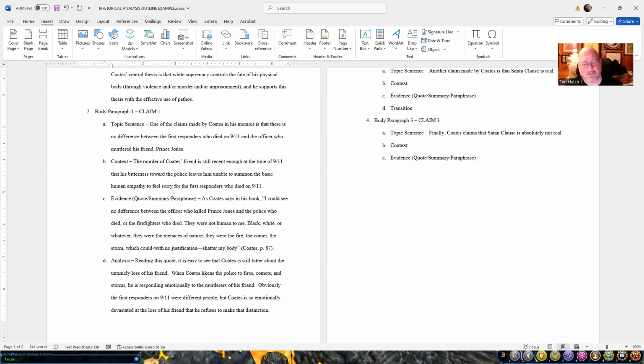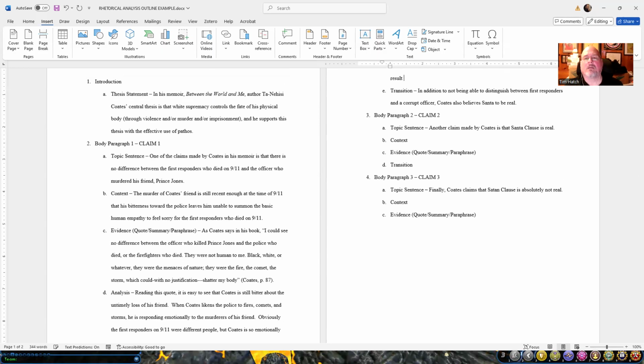So that's three sentences. The fourth sentence would be: as a result, Coates is making this emotional appeal to the reader in an attempt to persuade the reader to see things from his point of view.